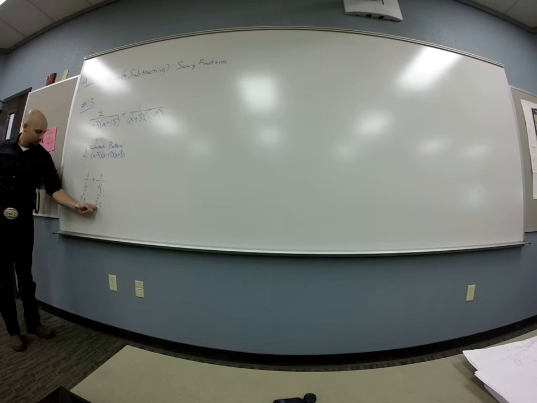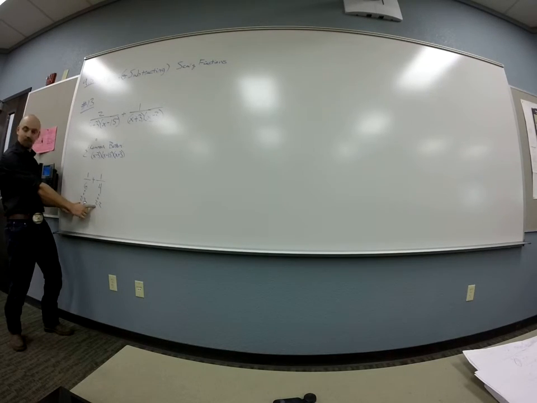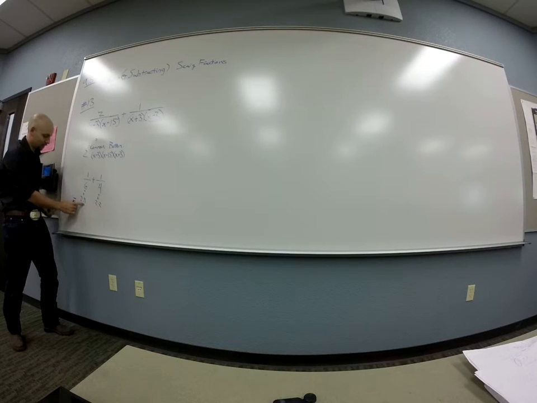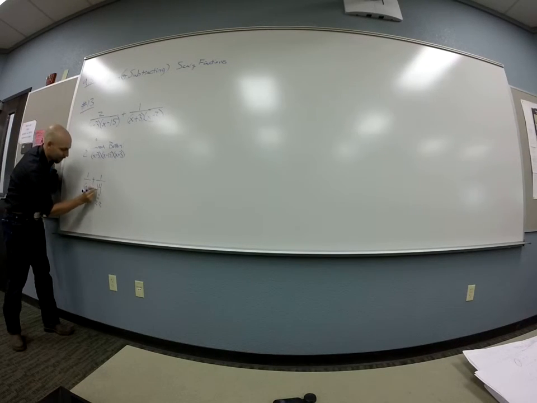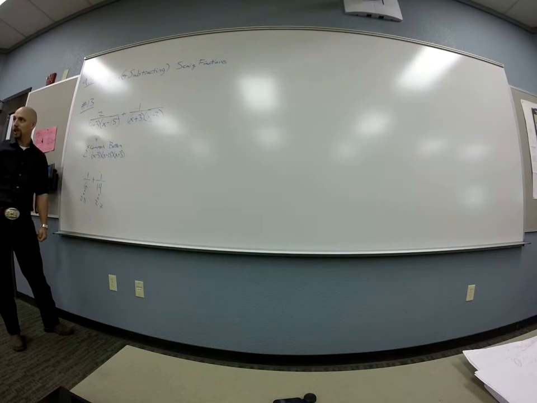So I need 2 2s and a 3 all told. That's 12, right? You guys see that? Because there's a 2 in each, and then I need an extra 2 and a 3. Or maybe it would be better if I did 14. Then it would match my situation exactly, right?